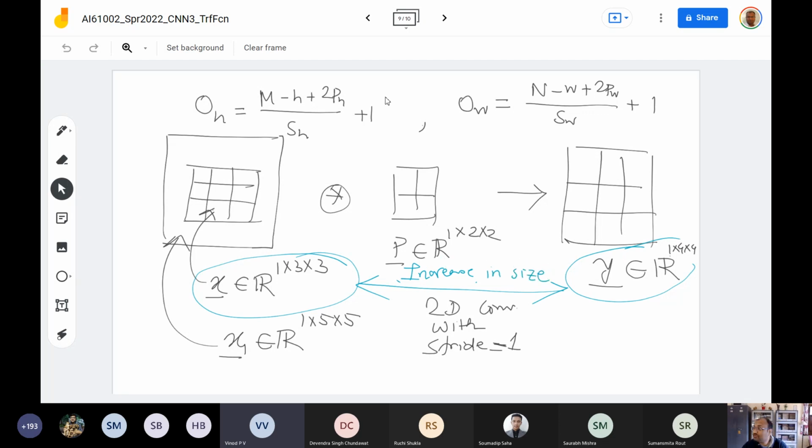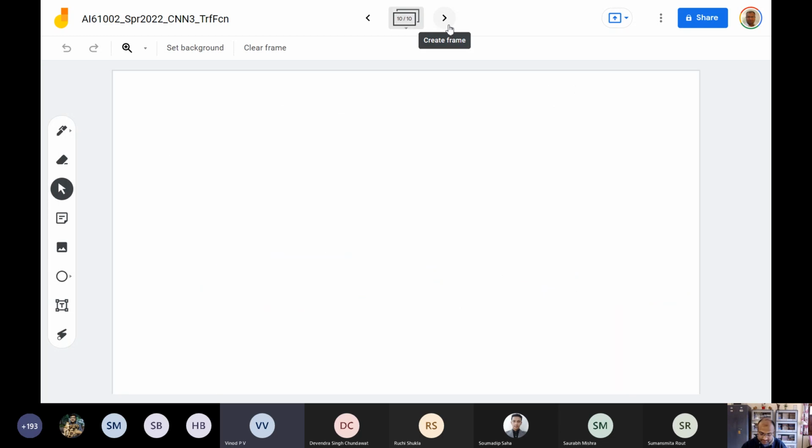So let me take an example from a practical network. Instead of giving you a smaller network, I will give you a practical network on which we do this kind of thing. Okay. So a practical network is something like this. I have an X which is of 1 cross 32 cross 32. I have a P which is of 6 cross 1 cross 5 cross 5.